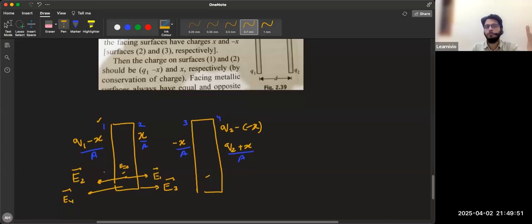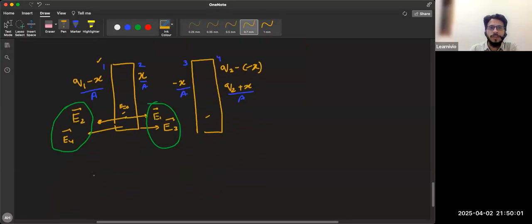This is 0. 0 is possible only if the field on the left hand side and the field on the right hand side are equal. So we can say that E2 plus E4 is equal to E1 plus E3. E2 is x by 2 epsilon naught.